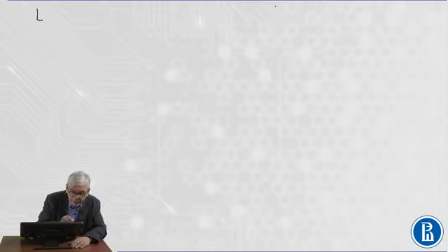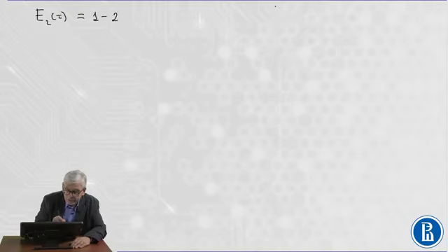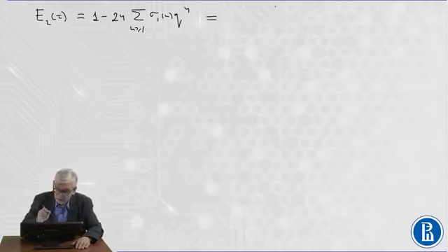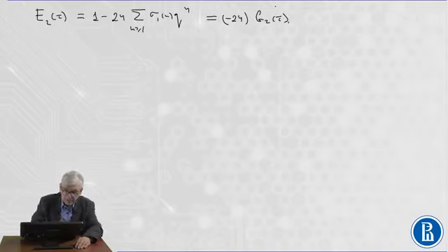From time to time we use the following notation: E2 is 1 minus 24 times the sum of sigma_1(n) q to the power n, n greater or equal to 1. This is our Eisenstein series G2 with coefficient minus 24. Please compare the Fourier expansion.